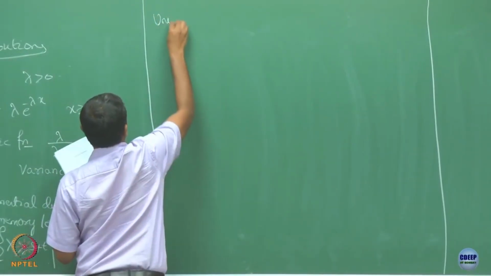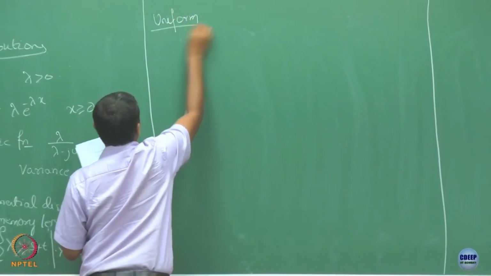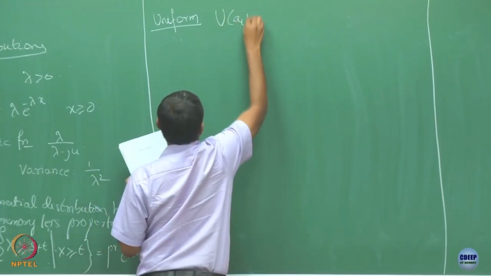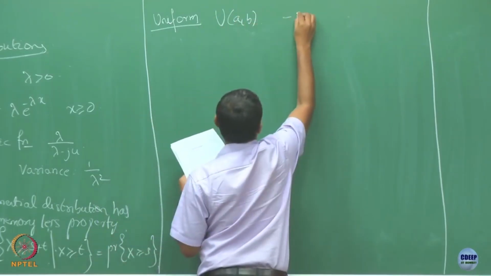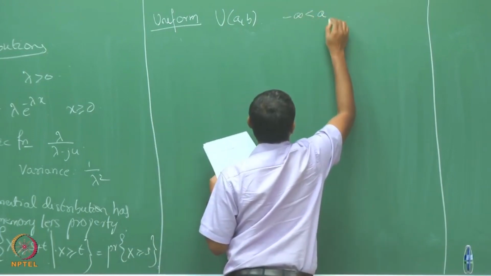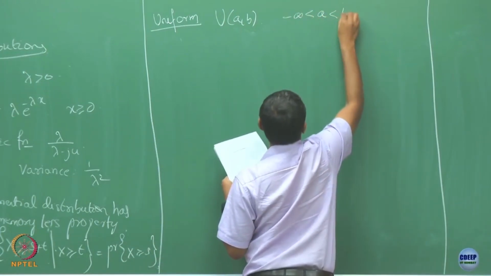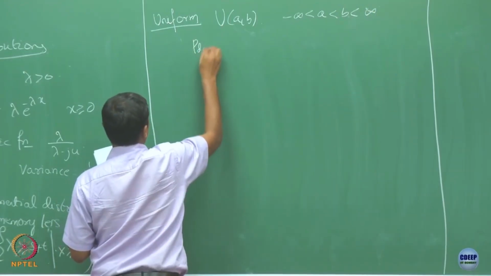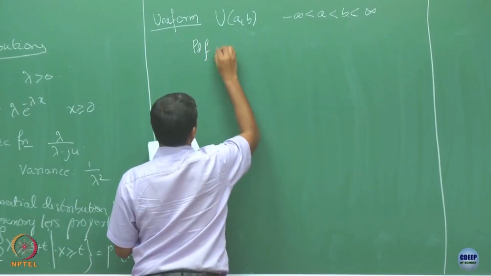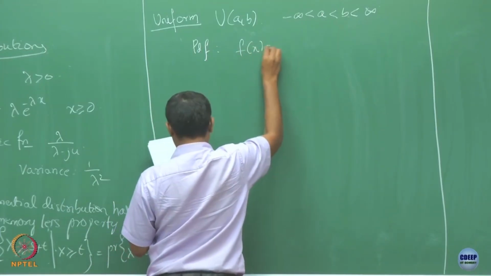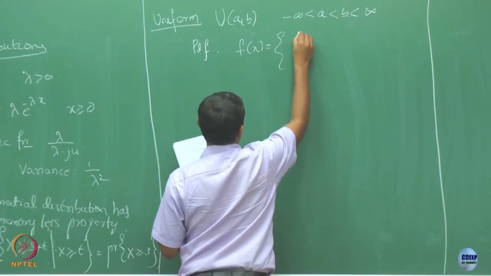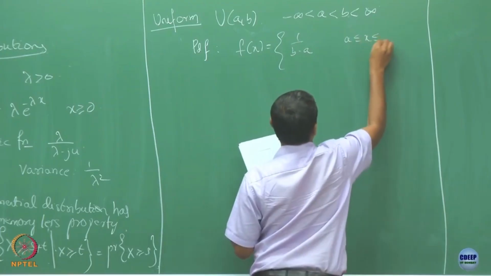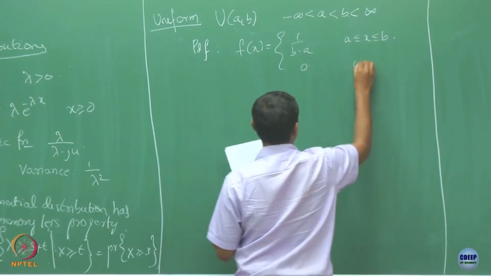Next is the uniform distribution, which I am going to denote by U(a, b). The PDF of this is 1 by b minus a for all x between a and b, and 0 otherwise.